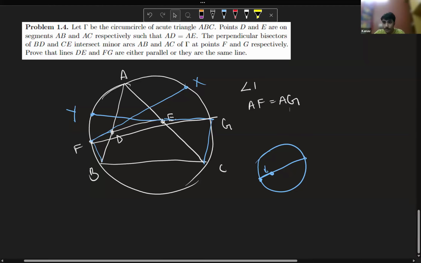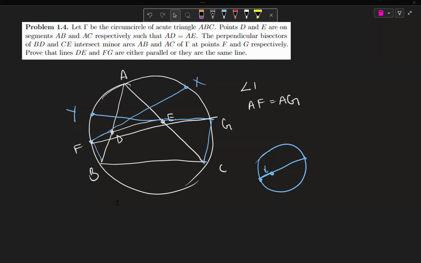So I guess it's the same as proving F'G is... Indeed. I'll let everyone try this for some time. I'll link the message in chat.